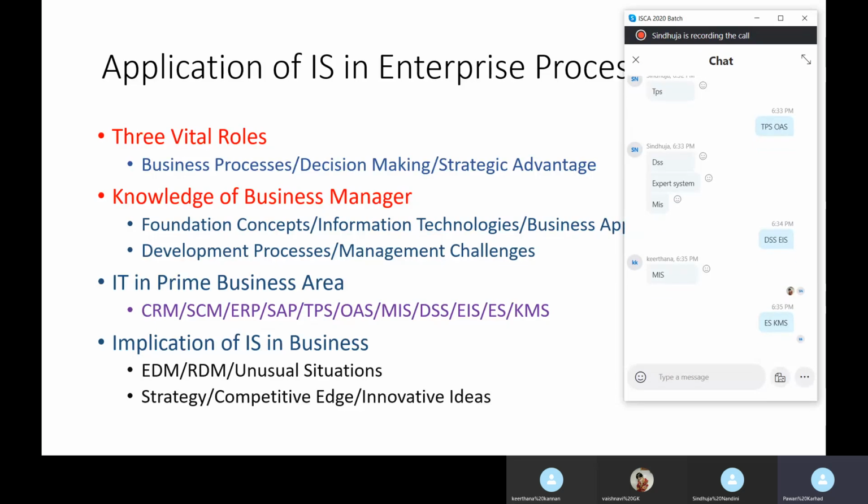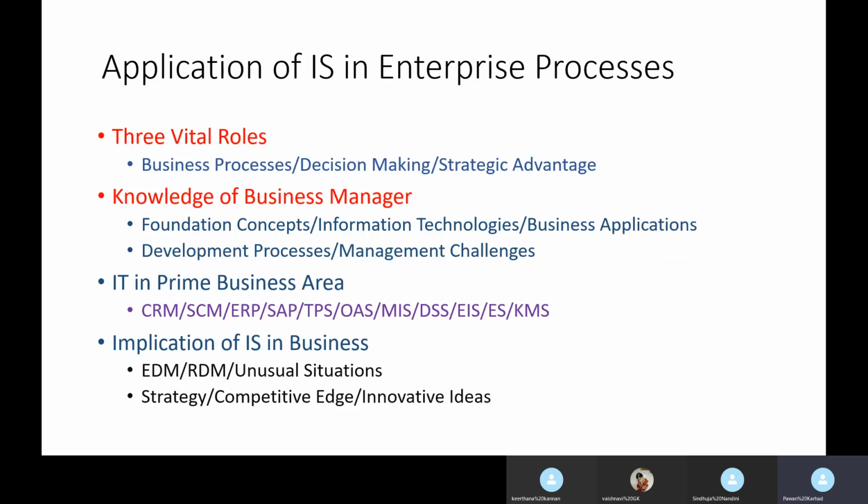Now you will get a further idea about for what aspect these softwares are well known. Whenever you want to improve or automate your business processes, you will use TPS, OAS or MIS: transaction processing system, office automation system, and management information system.